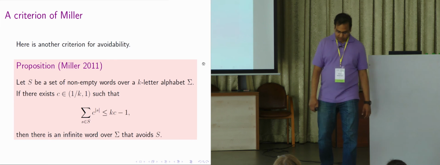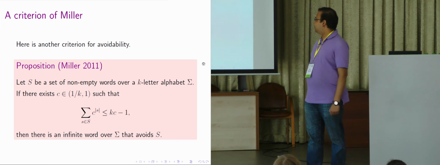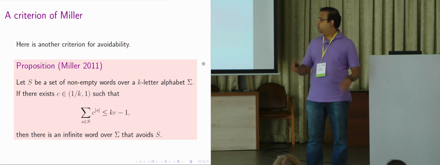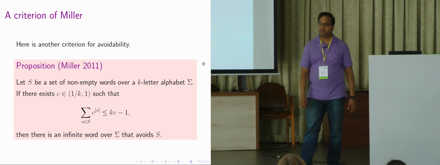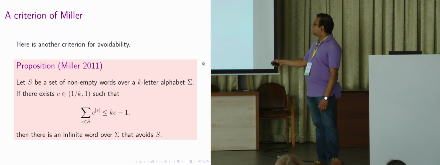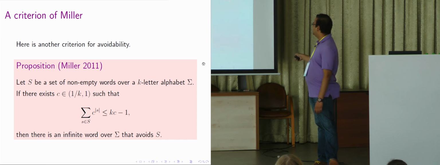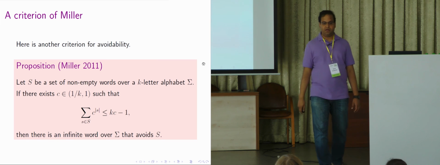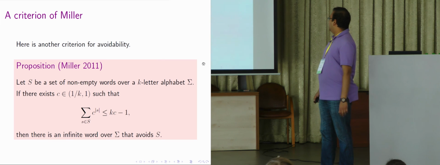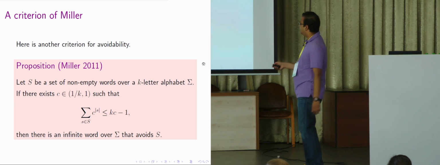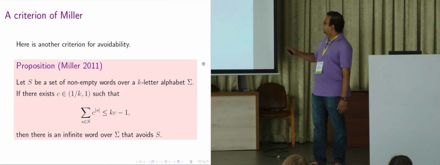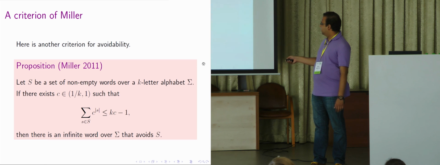Here's another technique for showing the existence of words avoiding some set S. This comes from a paper of Miller, 2011. Again, I have some set S of words to be avoided, and I have this criterion. Suppose there exists some real number c less than 1 such that this sum is less than k times c minus 1.